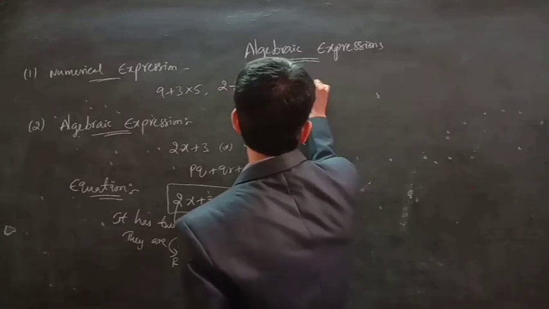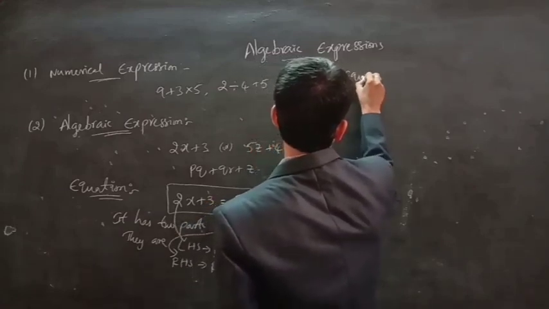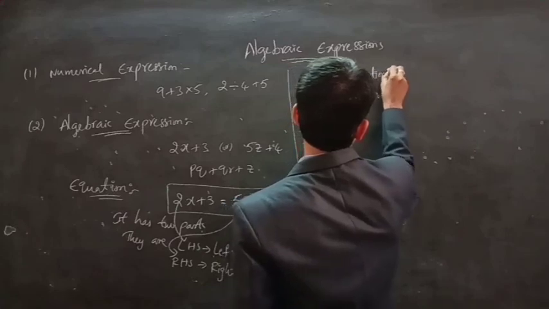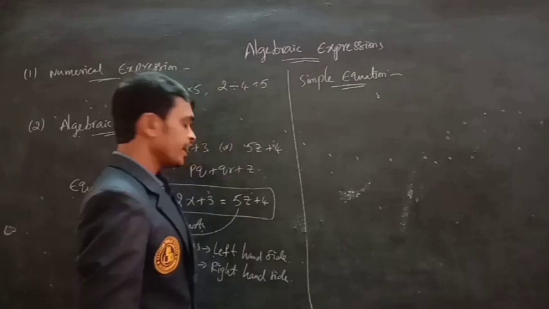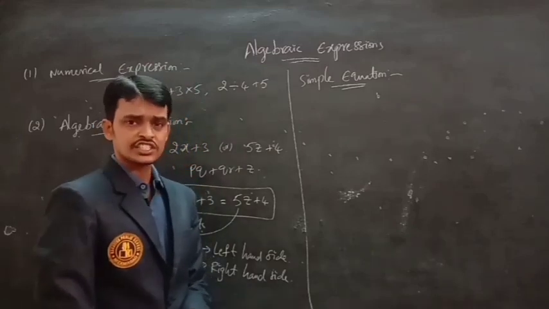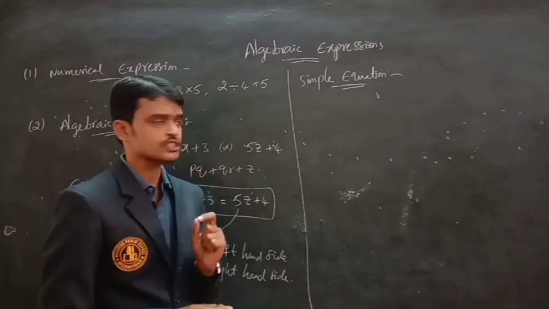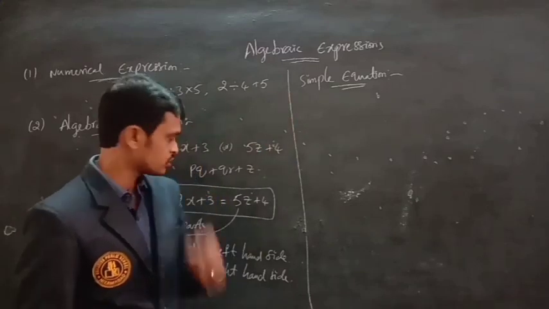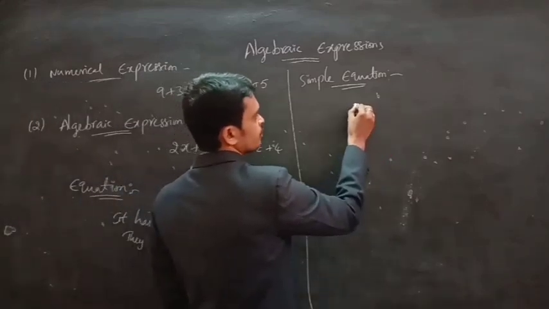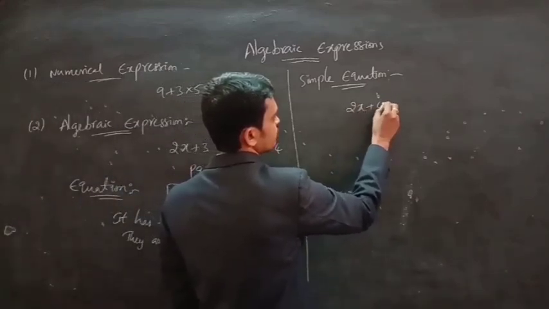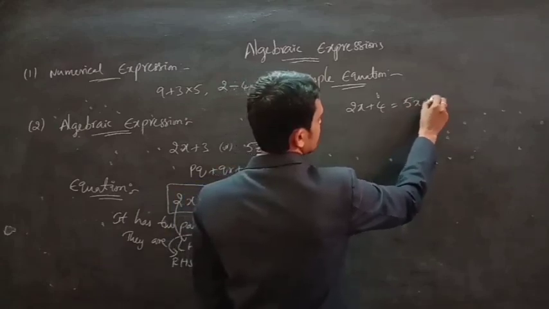Next, simple equation. An equation consisting of one variable with degree 1 is called a simple equation. Let us write one equation: 2x plus 4 is equal to 5x plus 8.